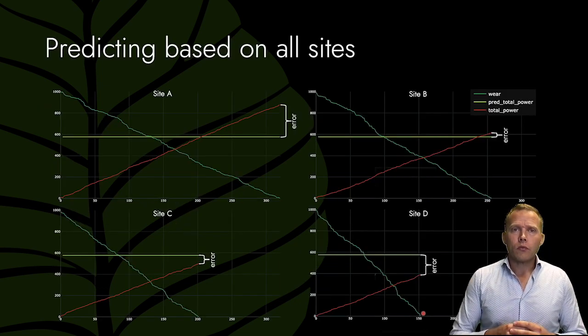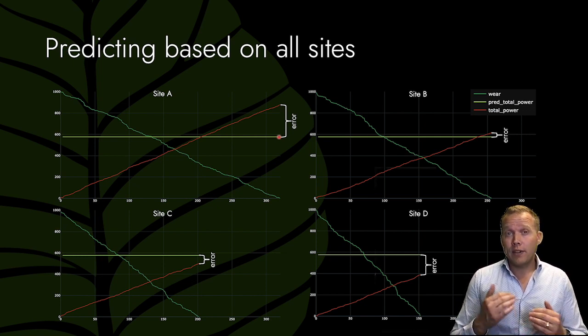So, if we do that and look at these charts again, we again see the wear as the dark green line. But here the red line depicts the accumulated power used over time. And finally, the light green horizontal line is the prediction of the total power consumption that the centralized model would give. That is, the observed average of the previously changed mantles.